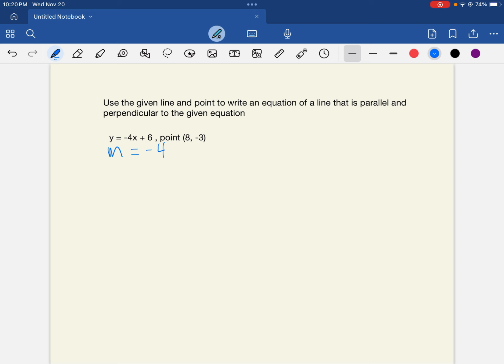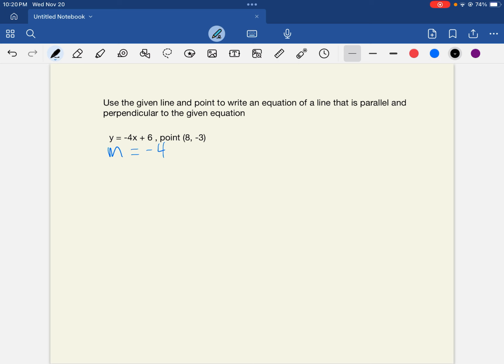And because I am given a slope, negative 4, and a point, 8 comma negative 3, it is going to be easier for me to write this equation in point slope form. I already have everything I need. I don't have to do extra work to write a different equation like I would with slope intercept.